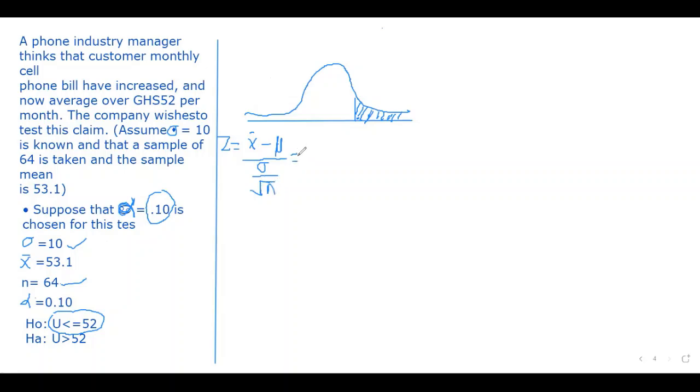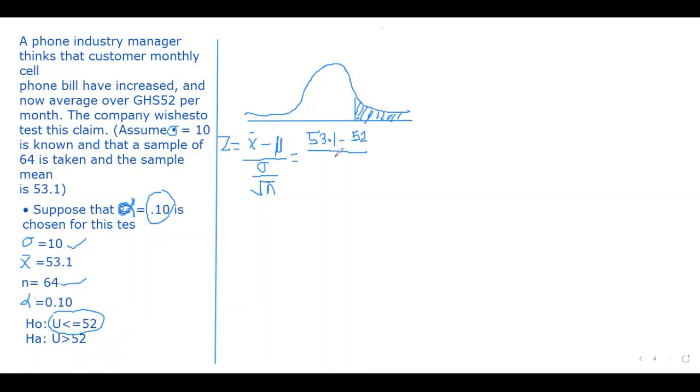So the sample mean is 53.1, minus the population mean, that is 52, all over the standard error.